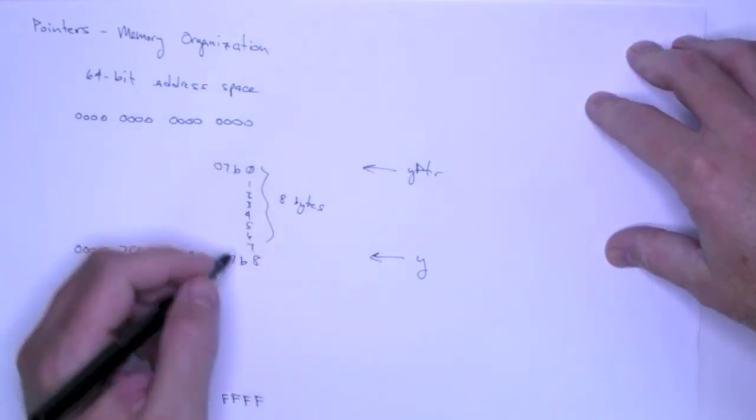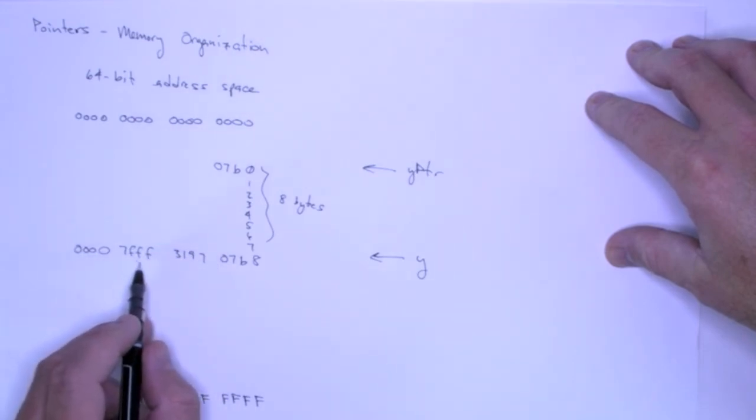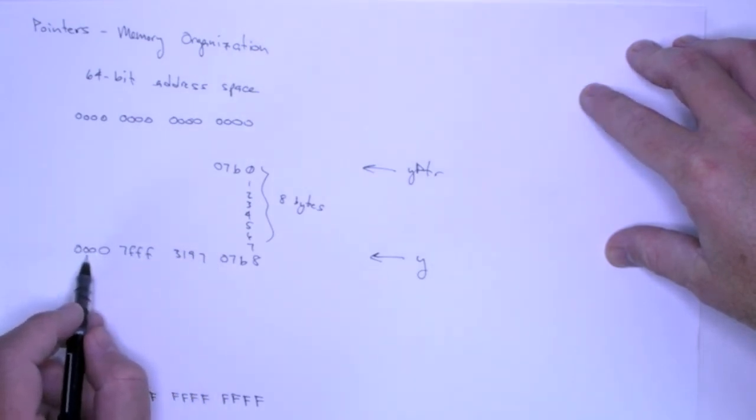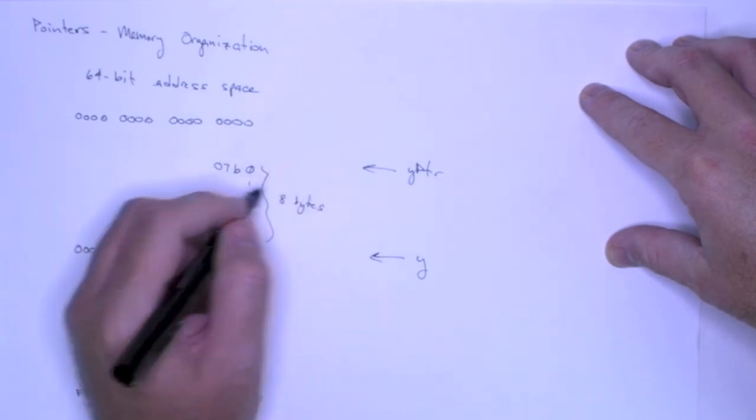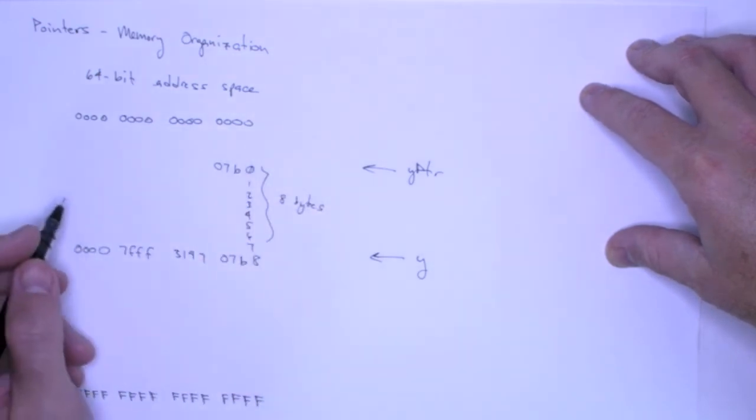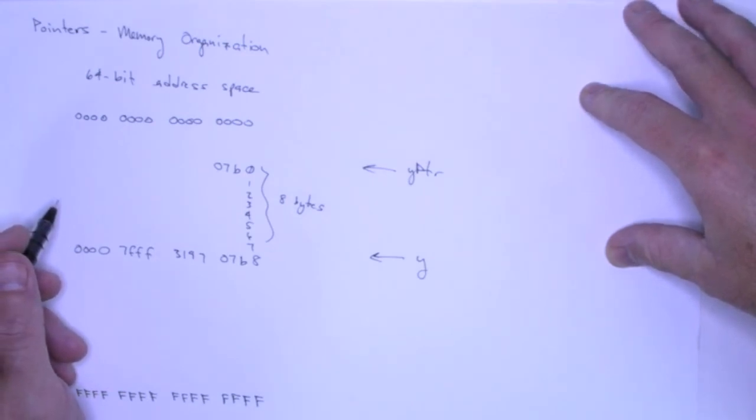In this address, the components of the address would actually be stored at these locations, and that's how we get this pointer.